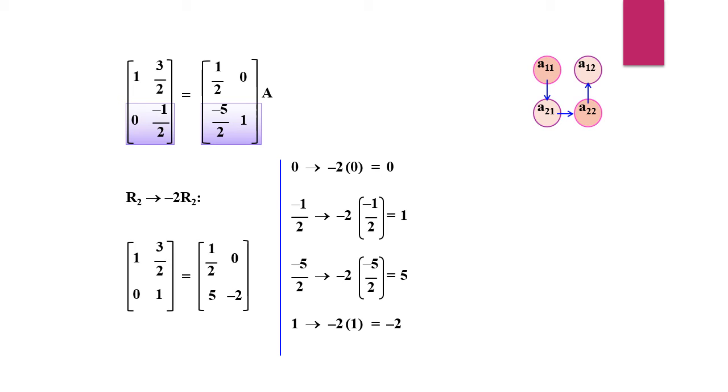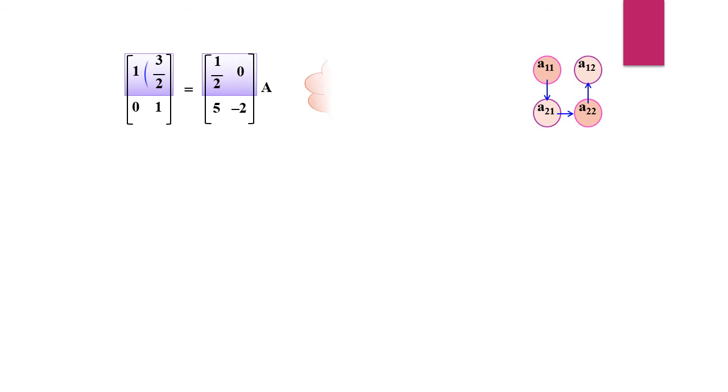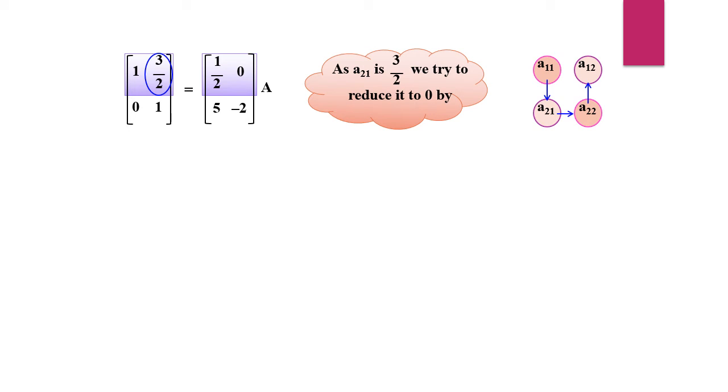The next step we need to apply on the first row second element, that is 3 by 2, and 3 by 2 must be converted into 0. So to convert 3 by 2 into 0, we apply the property on the first row.